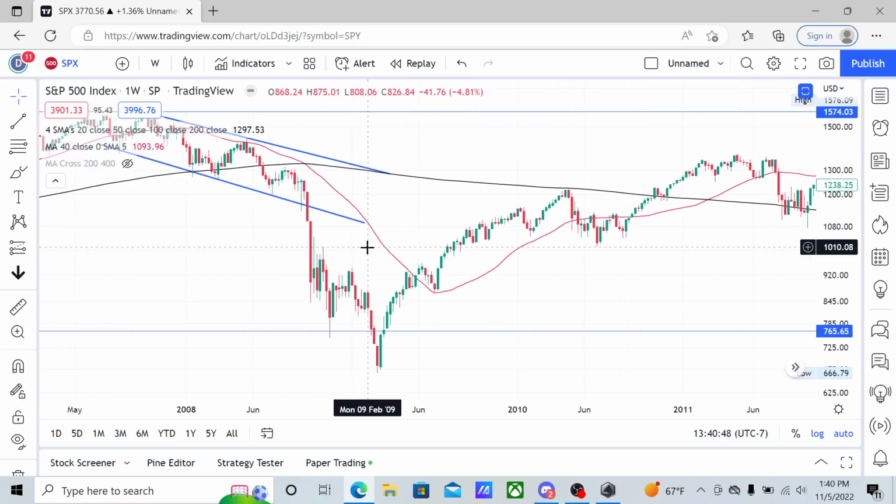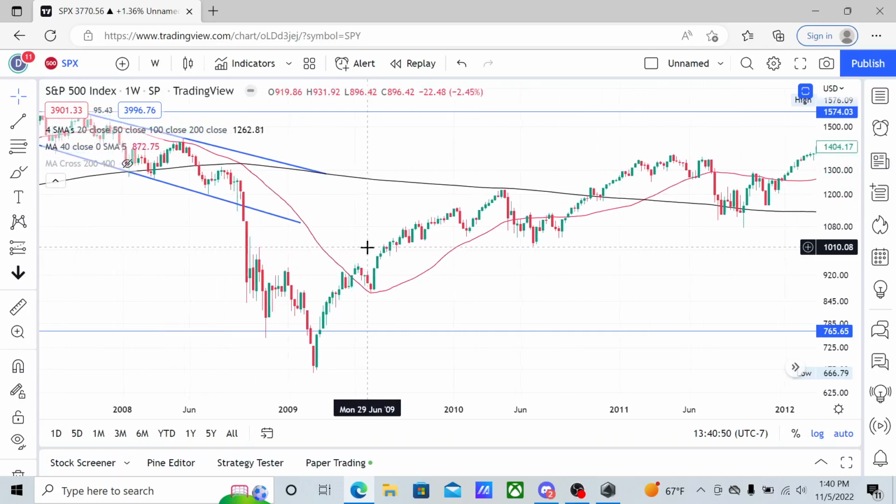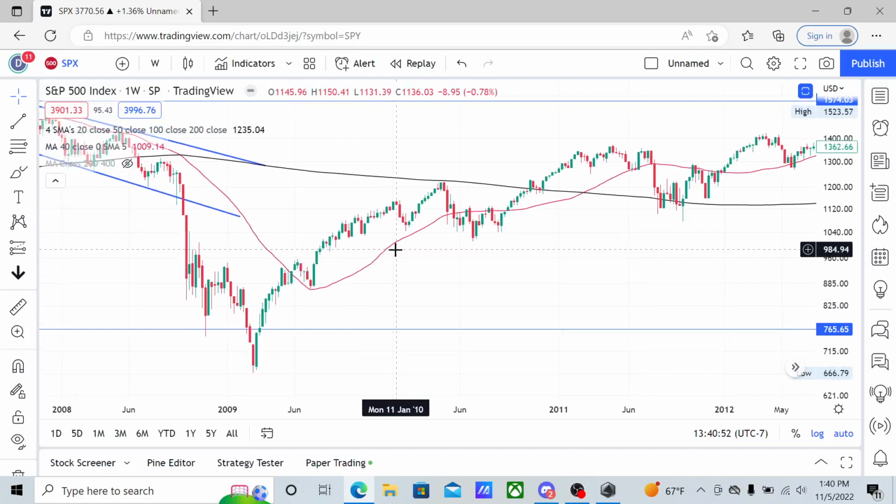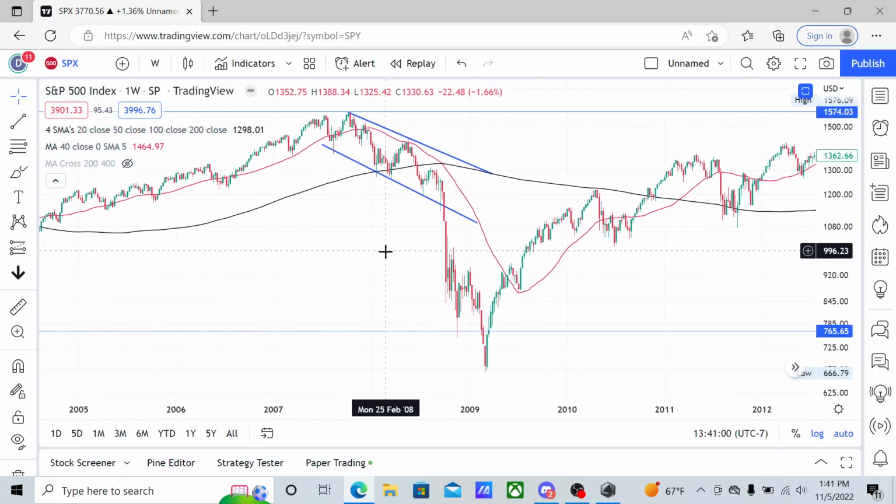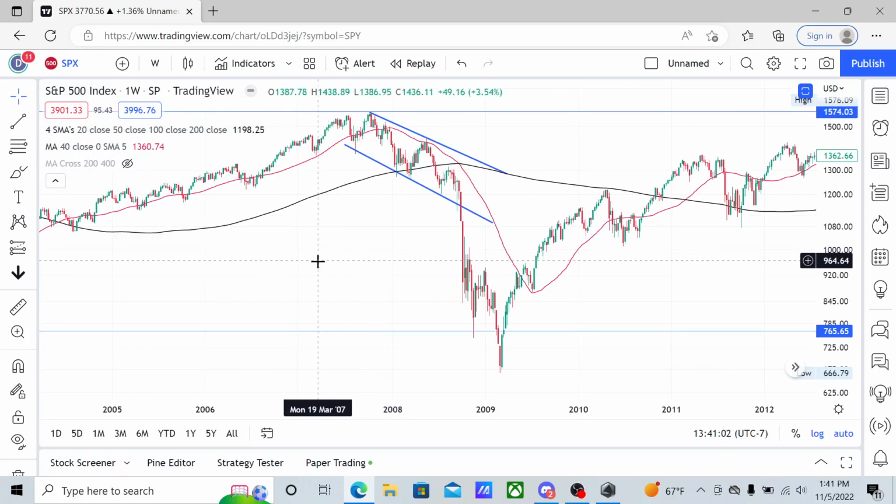I believe, let's see if I can remember this correctly, around December of 2009 is when they officially announced that we were in a recession. The problem is the recession really started somewhere around the summer of 2007. So right around here was where the recession started to show signs that we were at least heading into a recession.